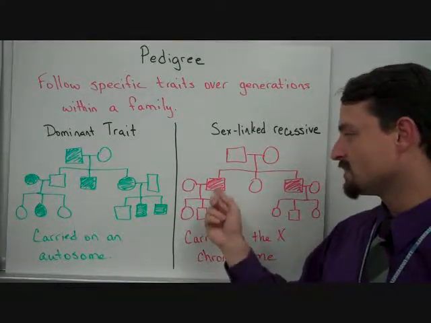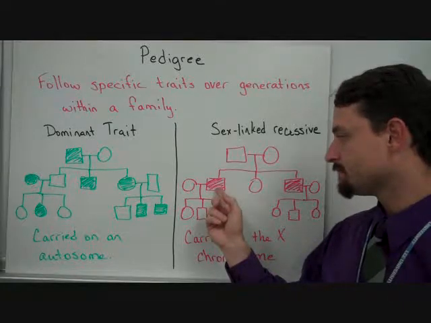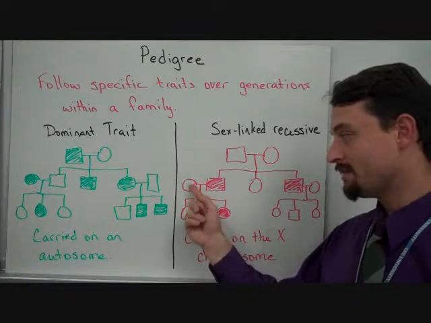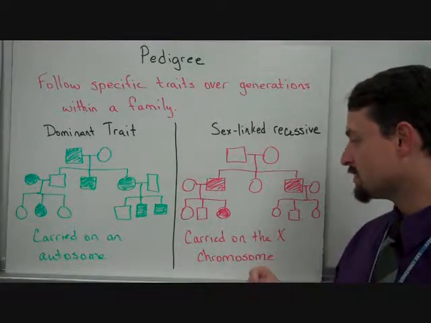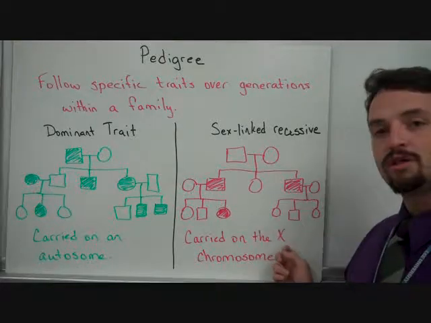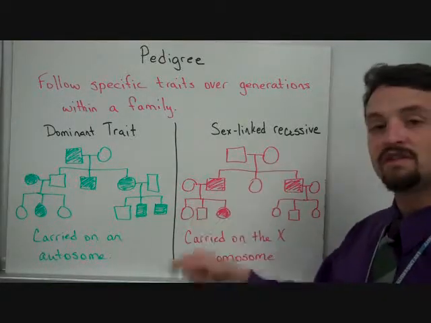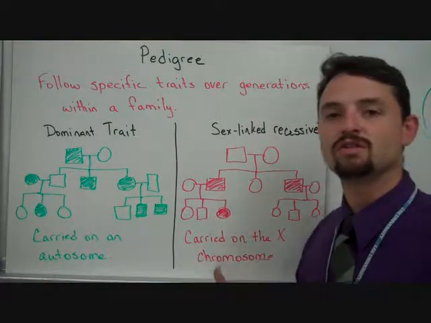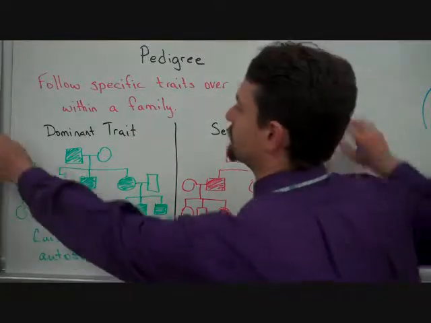Daughter here with it because she gets the infected X from dad. And apparently mom was a carrier, and mom had the other X that also expressed here. So that is sex-linked traits, carried on the X chromosome. Many of the females in sex-linked traits will be carriers and not express the trait, whereas the males will have it. You see this with color blindness in humans.